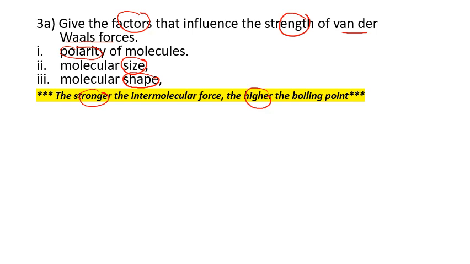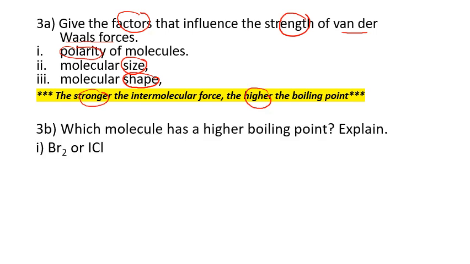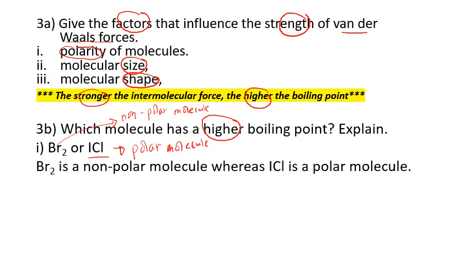Now let's proceed to question number 3b. Which of the following molecules has a higher boiling point? As we look at here, Br2 consists of only a non-polar bond, so this molecule will be a non-polar molecule. While for ICl, because iodine and chlorine have different electronegativity and there is only one polar bond in the molecule, automatically this molecule will be considered a polar molecule.